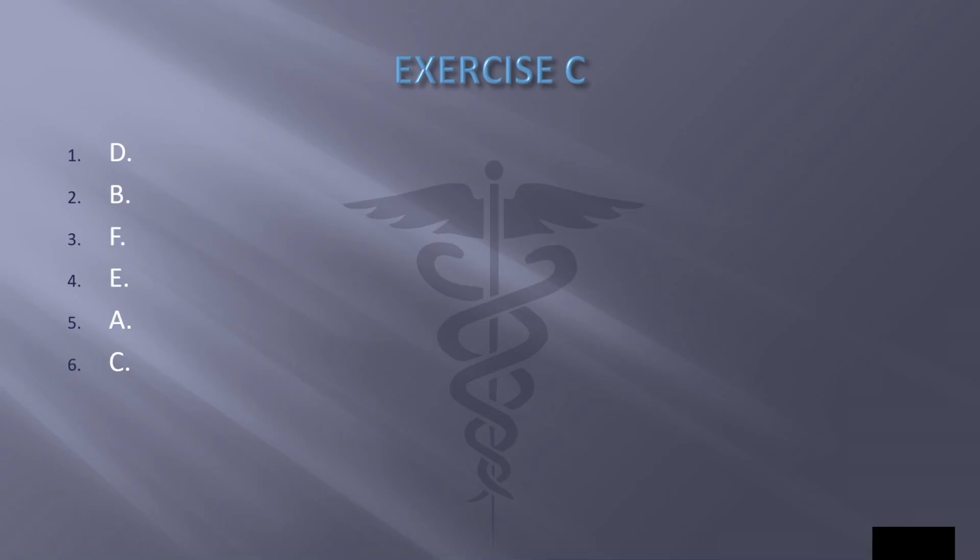Exercise C, match the medical term in column 1 with its meaning in column 2. Number 1, myelitis is D, inflammation of the spinal cord. 2, cerebral is letter B, pertaining to the largest part of the brain.